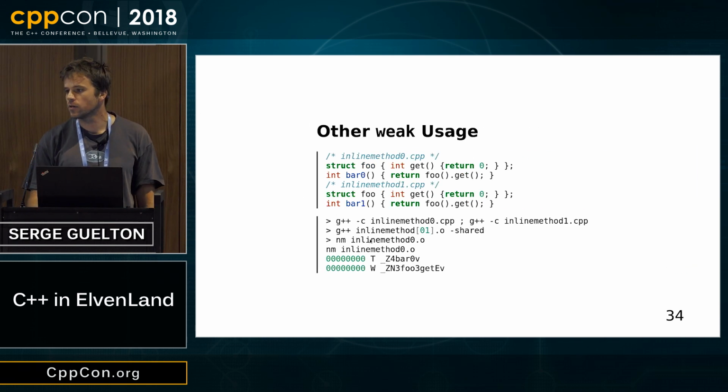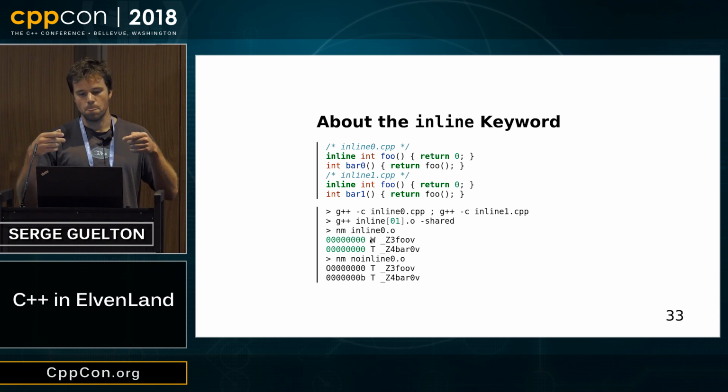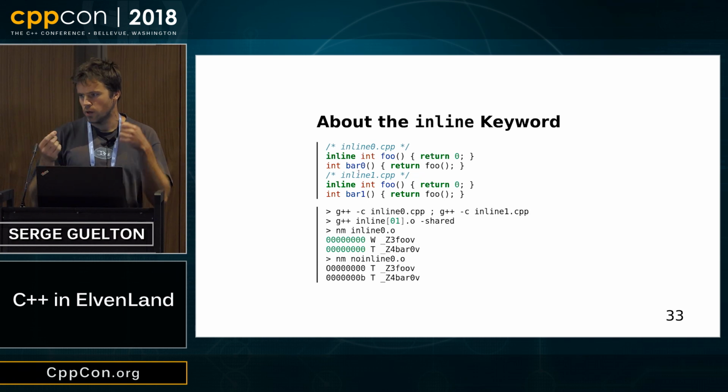Yeah, question. I have the answer in the next slide. So the question was, if we had two shared libraries, each one with a weak symbol named the same, what happens? Is that your question?